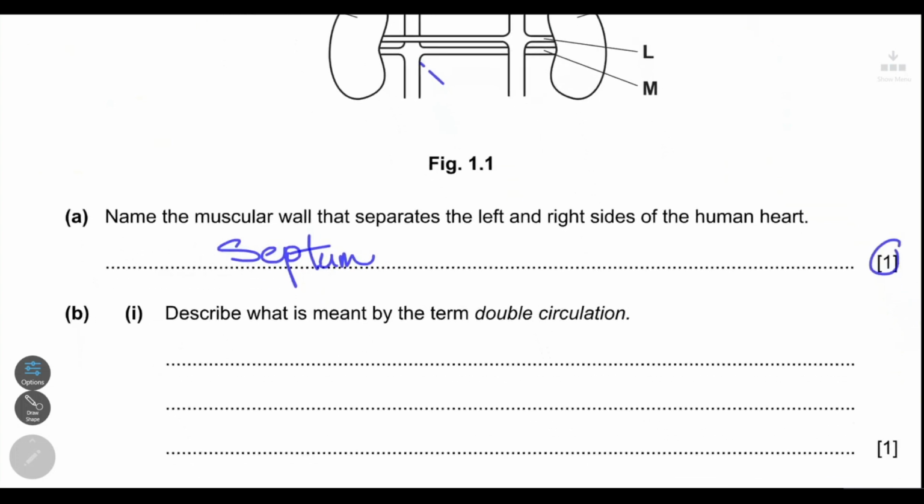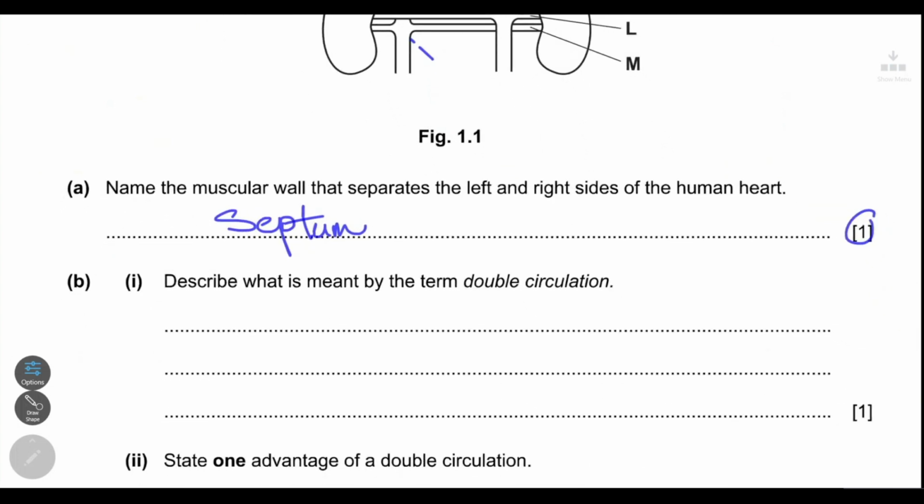B1, describe what is meant by the term double circulation. As we mentioned before, the blood flows through the heart 2 times in one complete journey, or in one complete circuit.